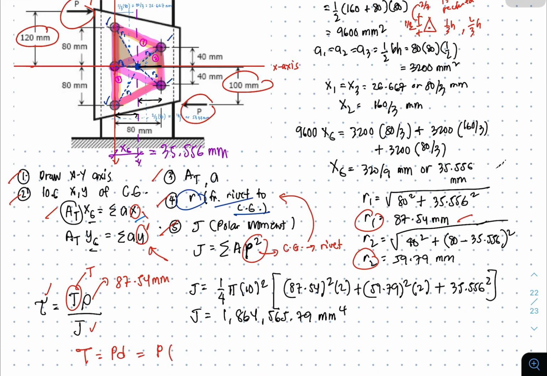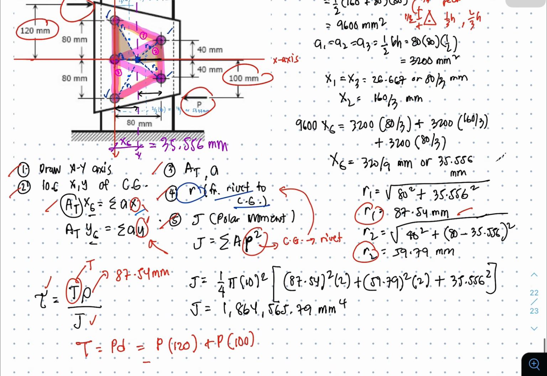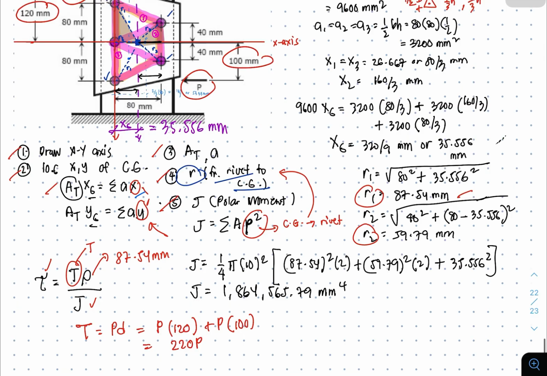So we have P times 120 plus P times 100, so that gives us 220P.